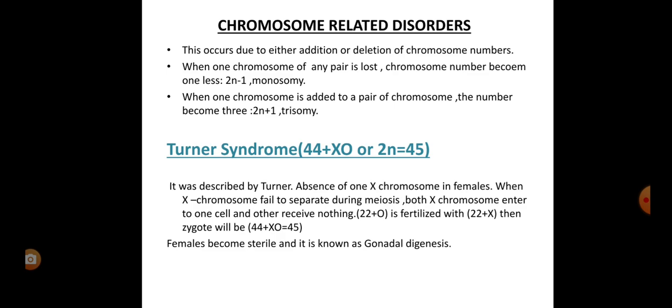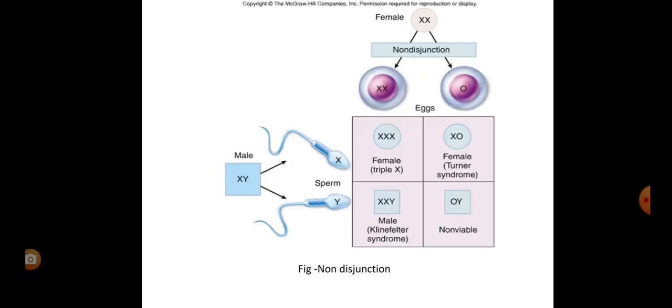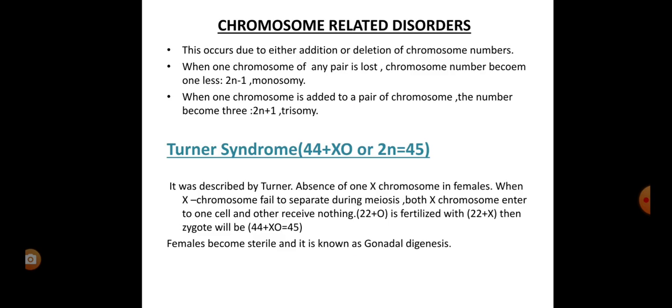Here in Turner syndrome, there is absence of one X chromosome in a female. As you have seen in this non-disjunction, the female with Turner syndrome has only one X chromosome, but a normal female has two X chromosomes. So individuals with Turner syndrome have absence of one X chromosome.